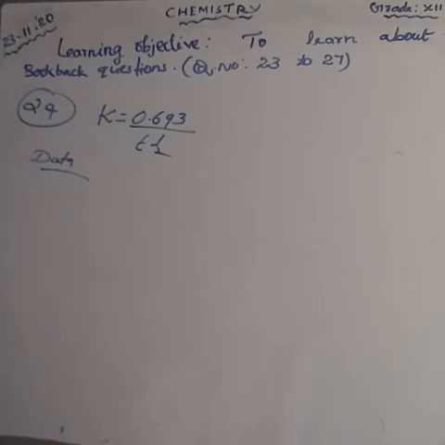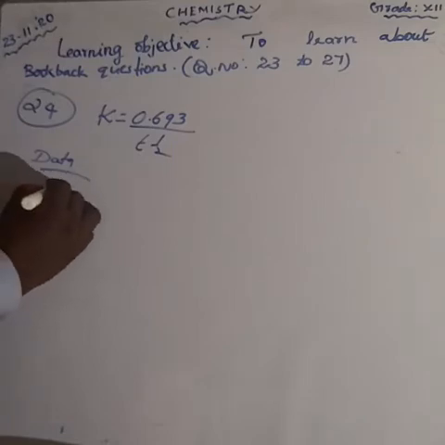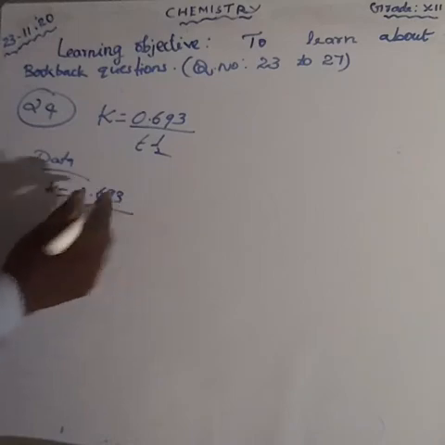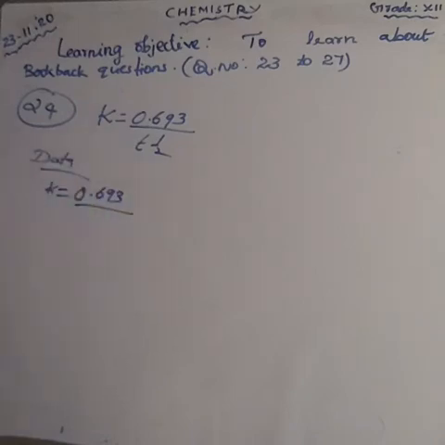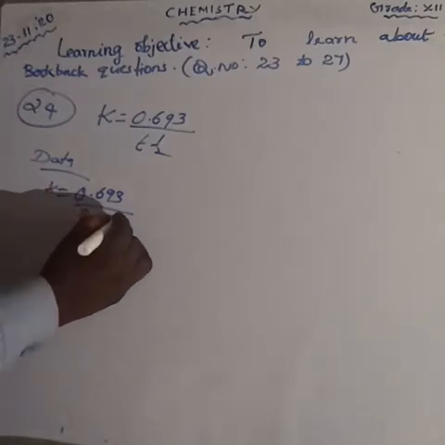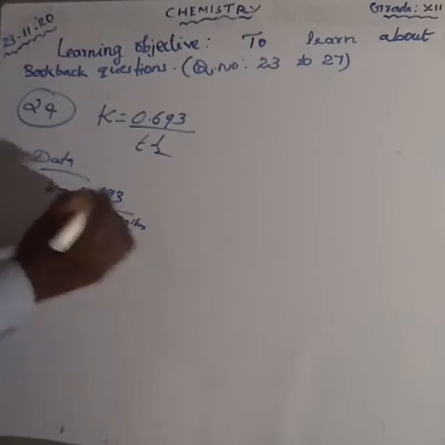As per the question, we have the data. We know the K value is in minutes, am I right? So K is equal to 0.693. The T half is already given. How much is the T half? 8.0 minutes. We should divide by 8.0 minutes.